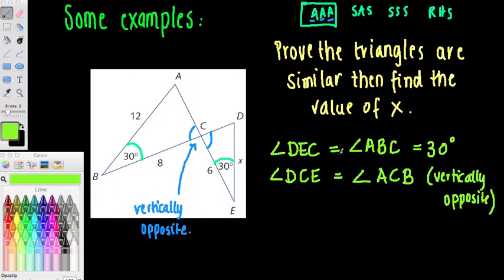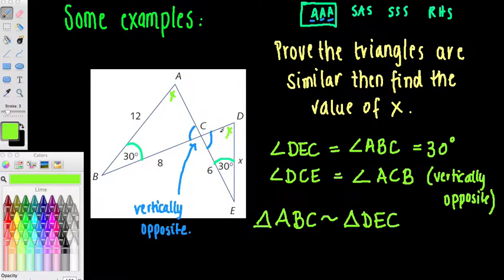Now that I've established I've got two angles, the third must be the same, so I'm going to go straight through to my similarity statement now. Triangle ABC is similar to triangle DEC. So to match up here, because they're not sitting the same way up, I go A is the angle that has not been shown.